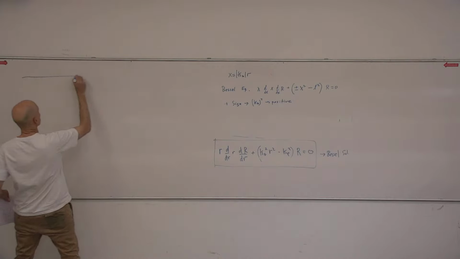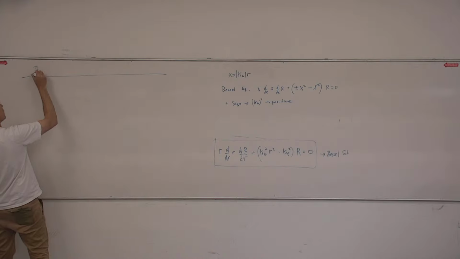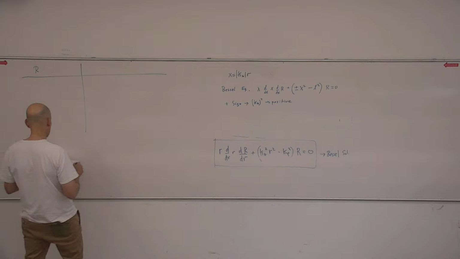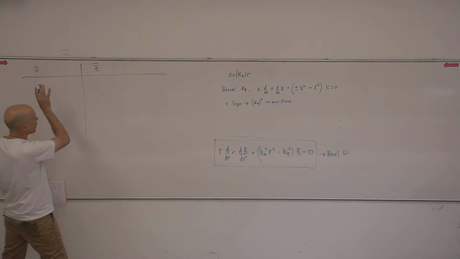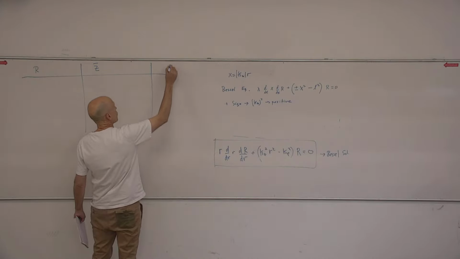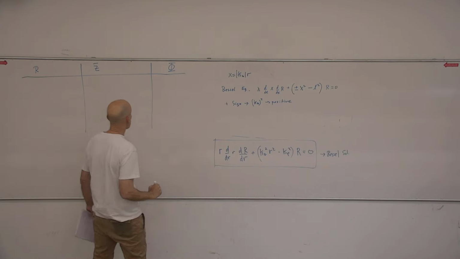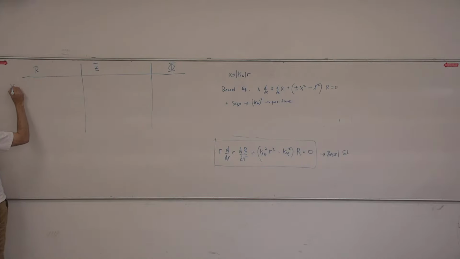And what do we have in this table? We have the function R, we have the function Z, which is of the z direction, R is of the r direction, and we have another function, which was phi, right? These are the options. And we have here two options. One of them I'm going to call Aleph. Another option I'm going to call Bet.